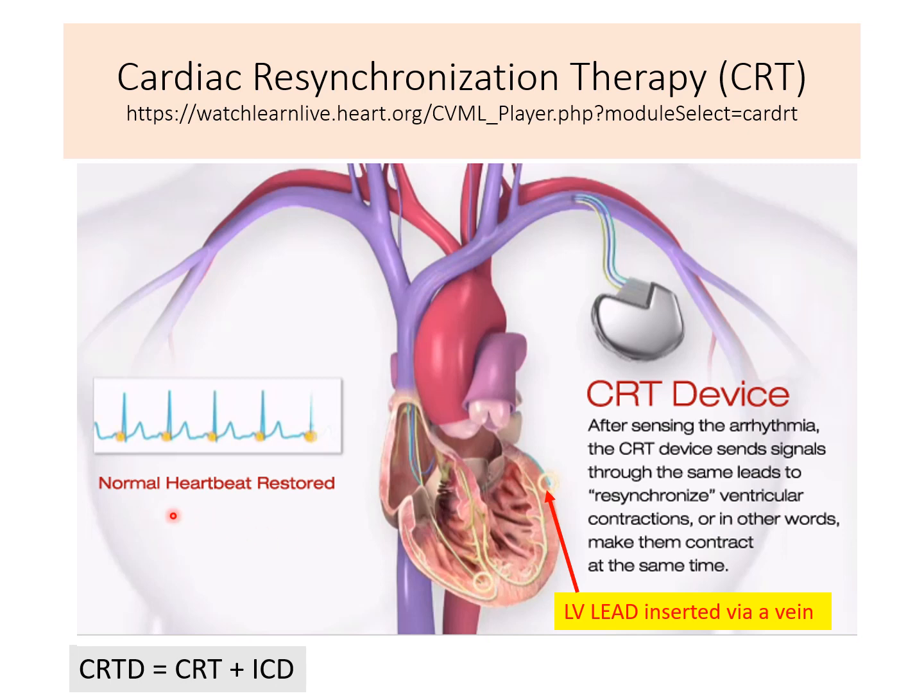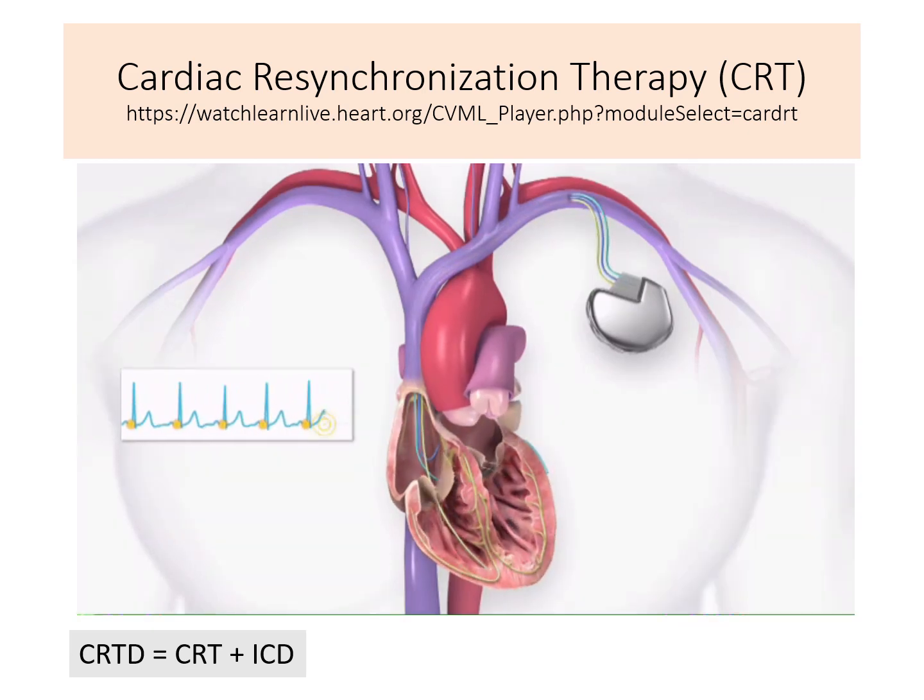If it's done correctly, this CRT device senses the arrhythmia and sends signals through the same leads to resynchronize ventricular contraction, or in other words, make them contract at the same time. What you're seeing here in this dynamic animated display is onset here, then onset there, where the activation is taking place. And if it's done correctly, the patients improve.